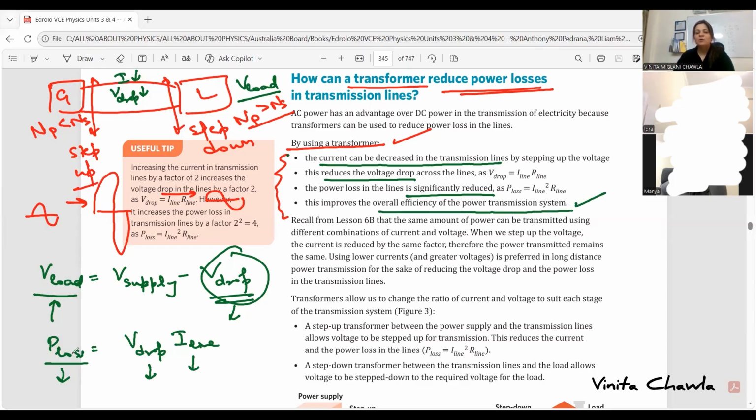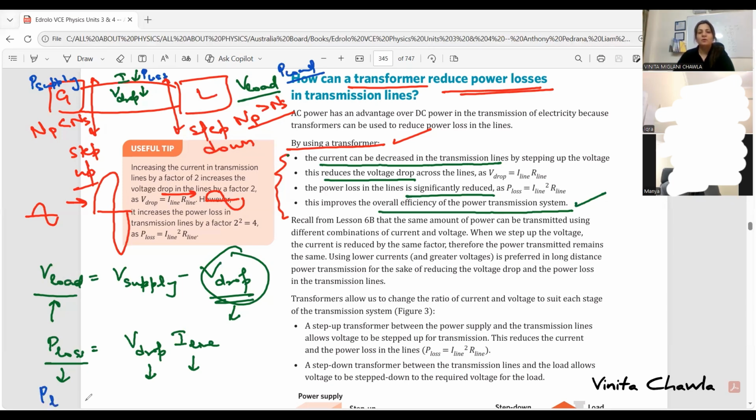So if there are less power losses, then we get nearly the same power as that of the generator. Because how do we write for power? See, this is the power supply that we have in the generator, so power loss occurs in the transmission lines and we get power across the load. So power across the load, as we write for voltage, in the same way we write for power.